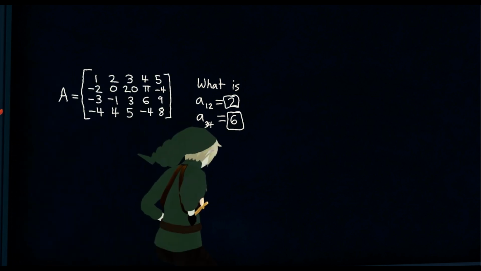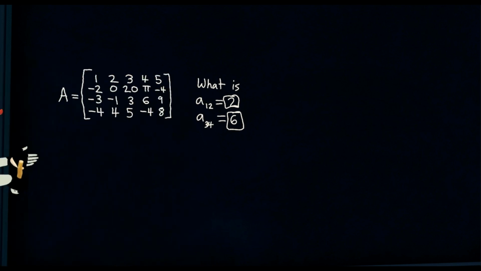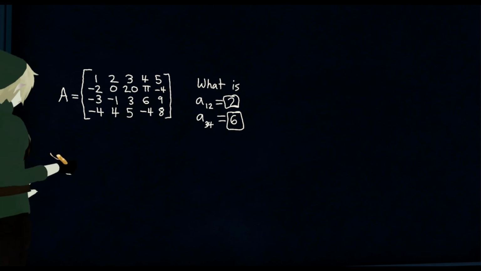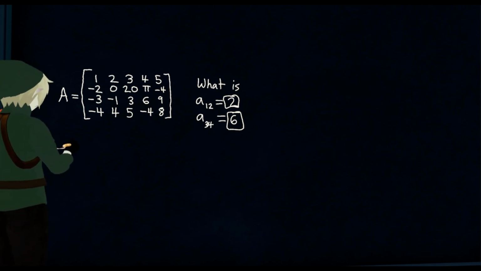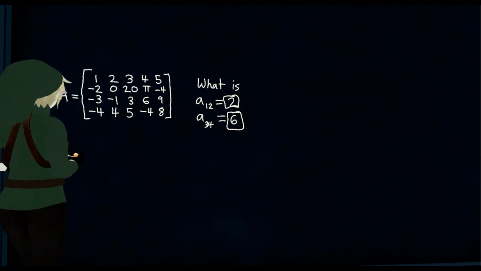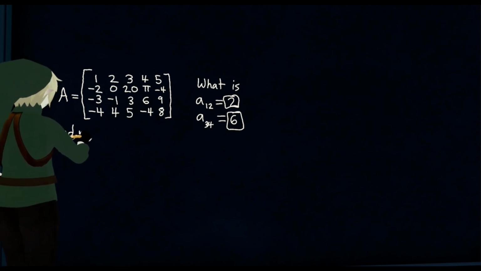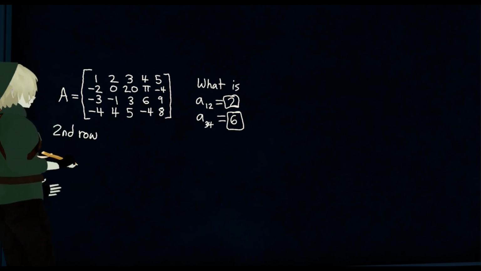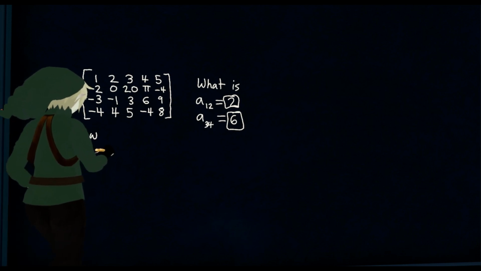Okay? There are also other notations that I'm just going to help you get used to. These are new notations that I'm going to show you. So if I say second row, what is the second row of A? I'm just making you get used to these letter notations.